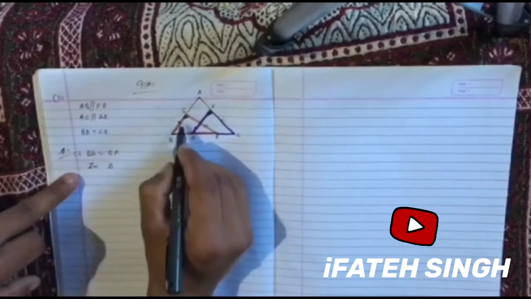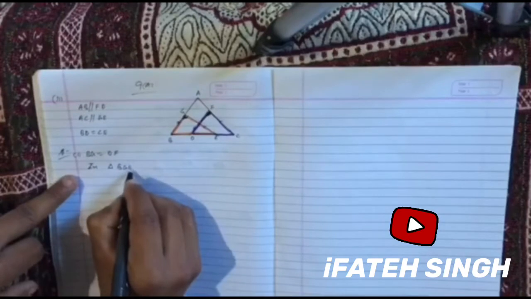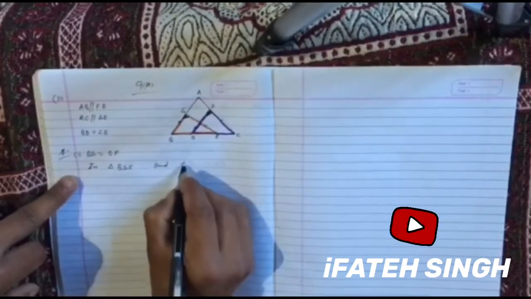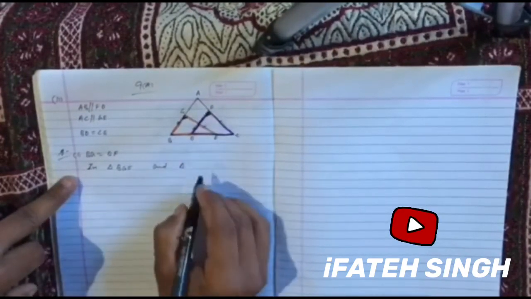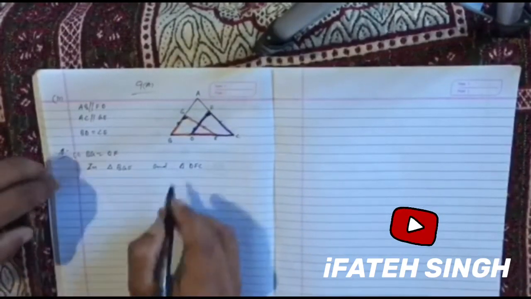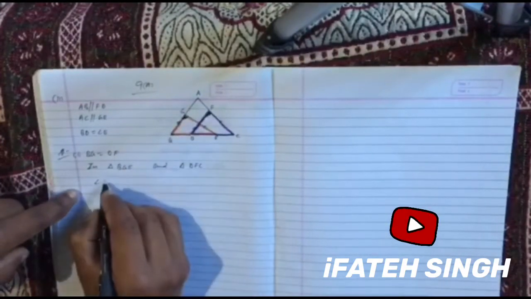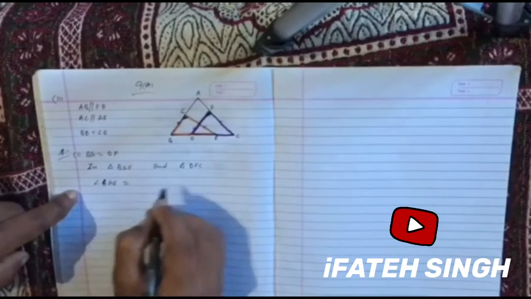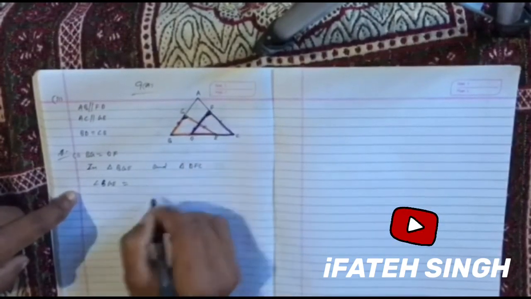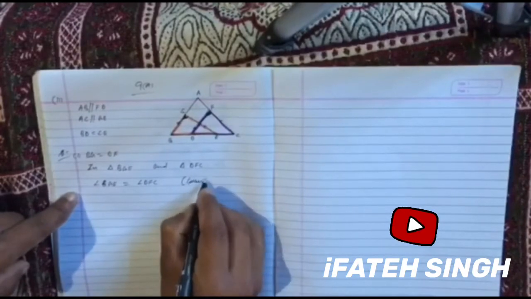In triangle BGE and the second triangle DFC, it is given that angle BGE is equal to angle DFC. They are corresponding angles.